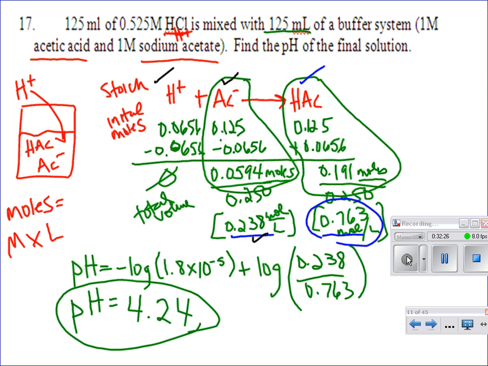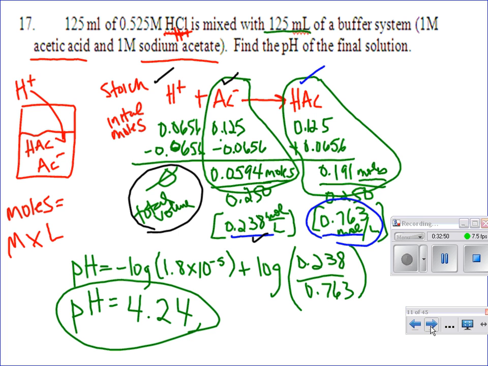These are mathematically negligible. So if you have strong left over in combination with whatever, you just go to the strong moles, convert to molarity, and then take the negative log of it. That's all you have to do. So strong being left over, even though we don't like the invader, is actually the easiest one to solve because you just go negative log of those moles.